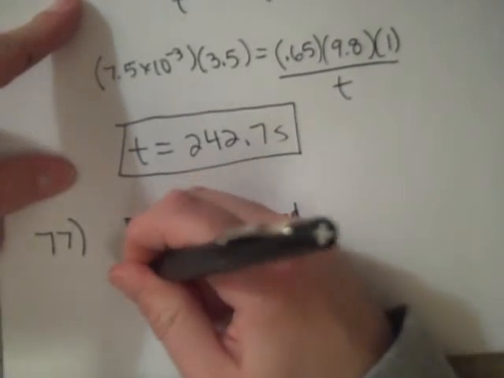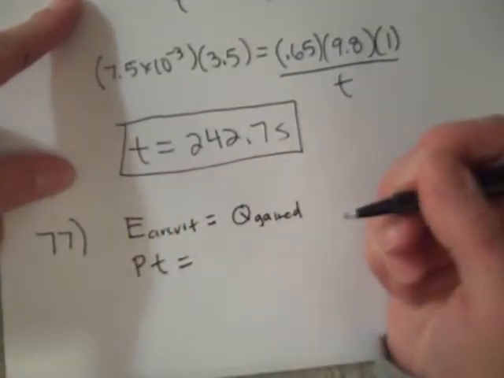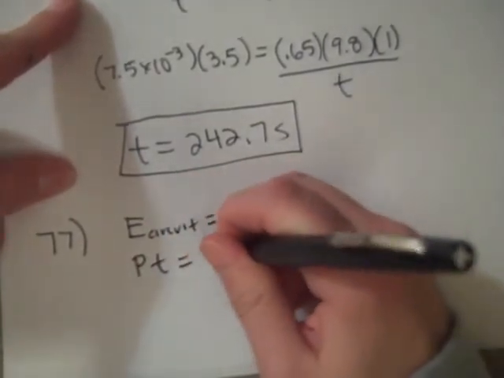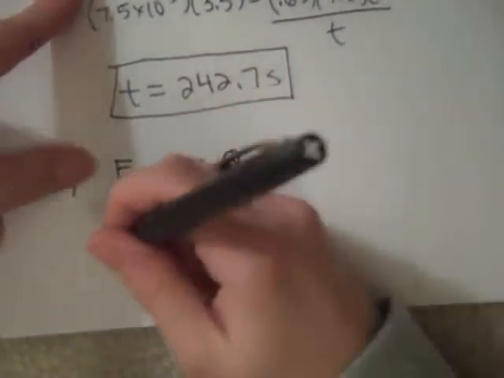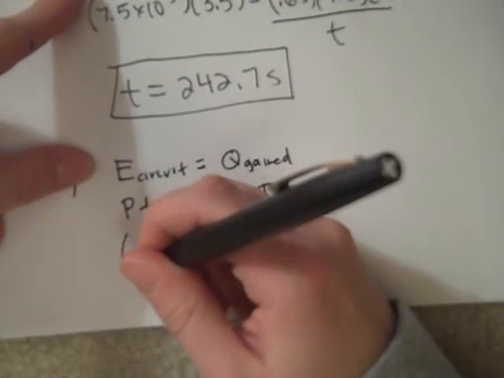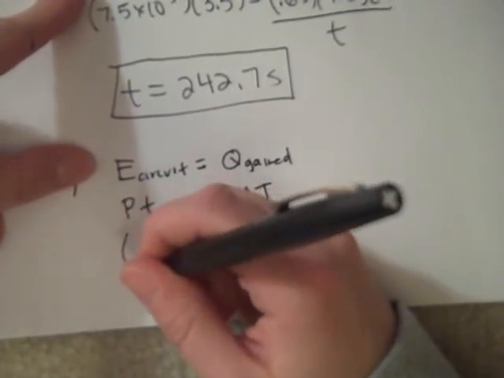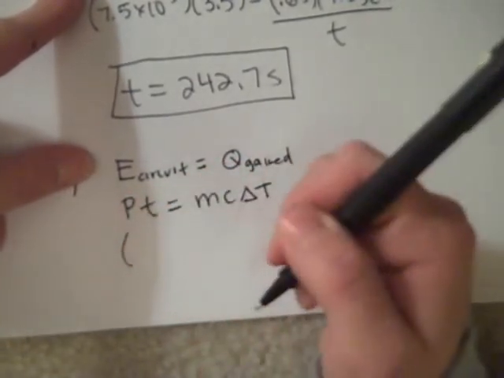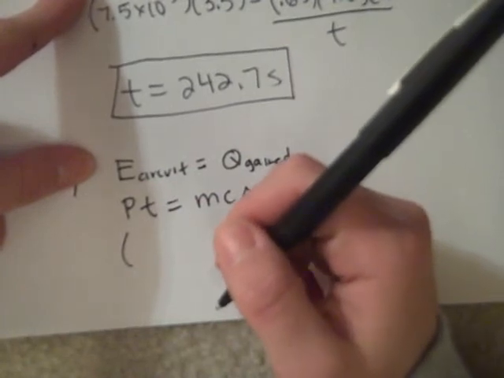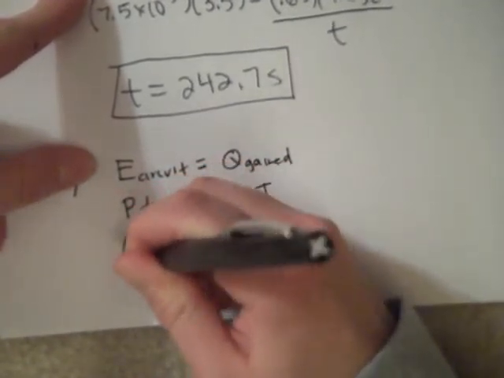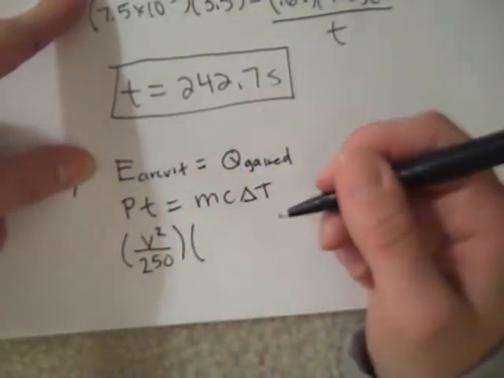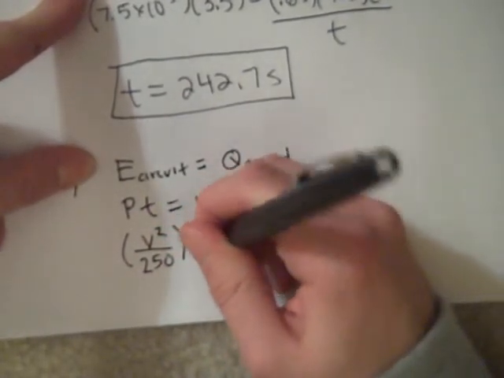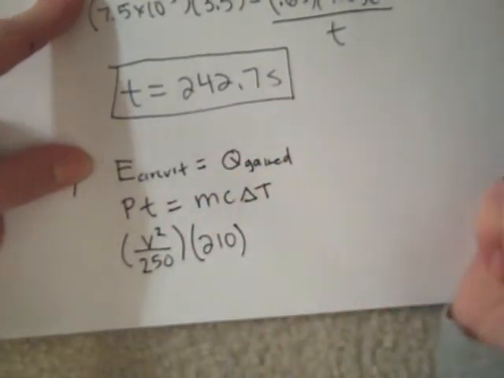And so the energy of the circuit is going to be power times time, and the heat gained is going to be MC delta T of your water. So the power, according to the variables they've given us, the voltage and the resistance, is going to be V squared divided by R. So we are going to take V squared divided by the resistance of 250 times the time that you are operating it, which is 3.5 minutes or 210 seconds.